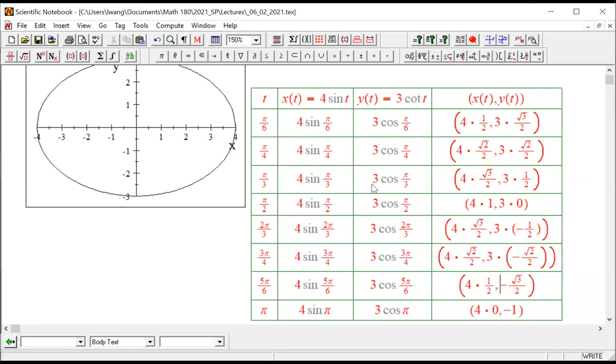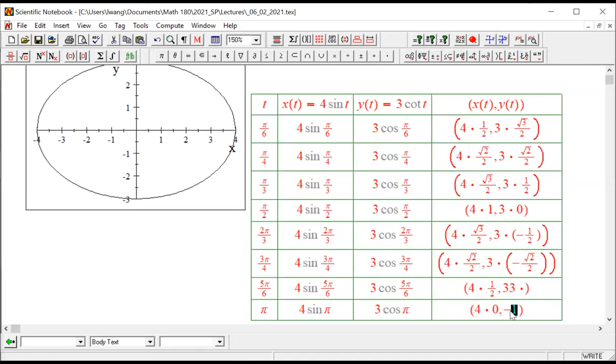So the process shows us, right? So this is just -3. Oops, what did I do here? 3 times. I forgot that number.